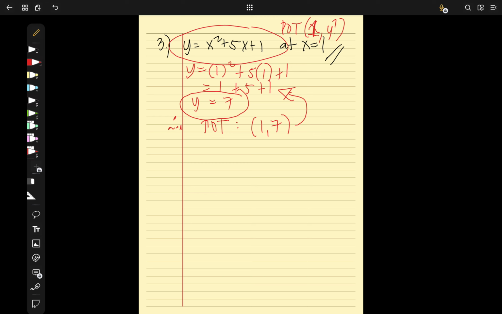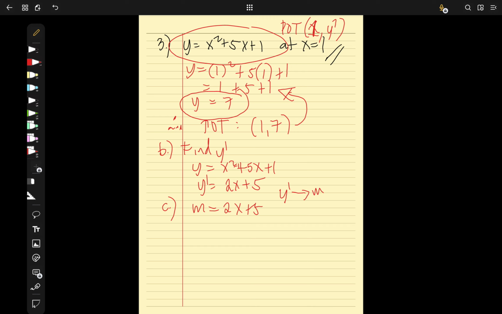So, punta tayo kay letter B. Find y prime. Given y is equal to x squared plus 5x plus 1, y prime is equal to 2x plus 5. Then, y prime becomes m. So, m is equal to 2x plus 5.